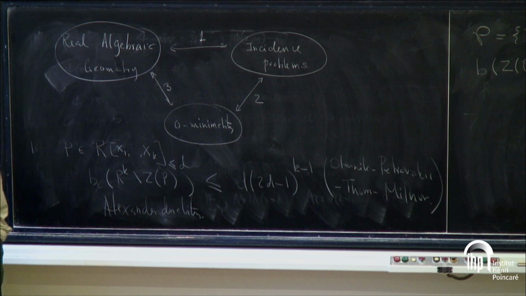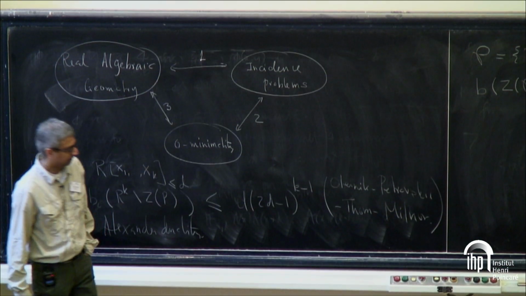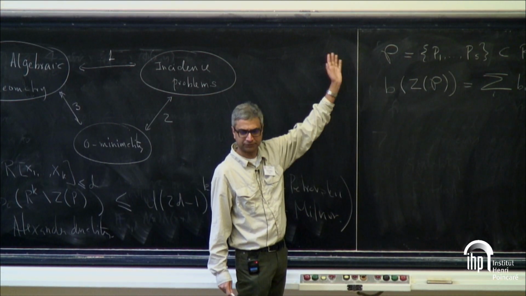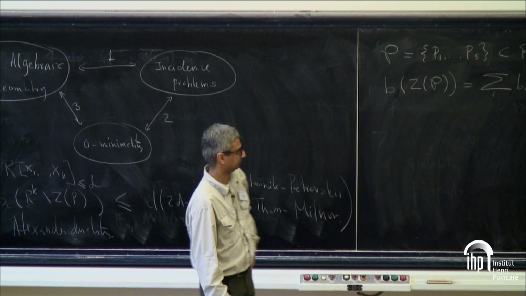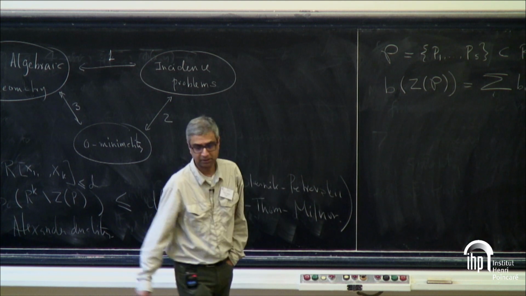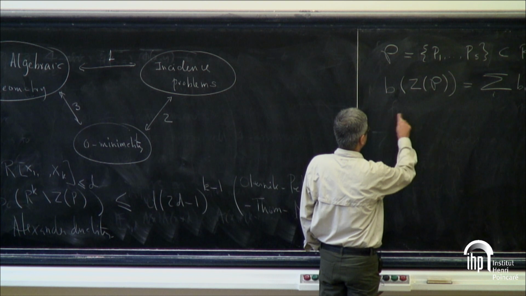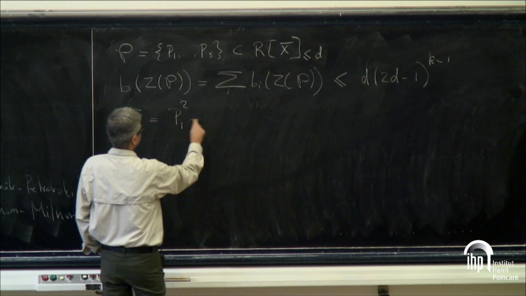Just because it will motivate the next thing I'm going to say, let me give you a short idea of the proof of this bound on the sum of the Betti numbers. As I said, in order to look at the common zeros of P1 to Ps, I might as well look at the zeros of their sum of squares.